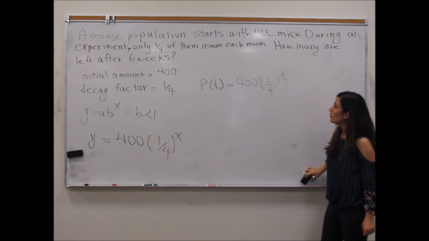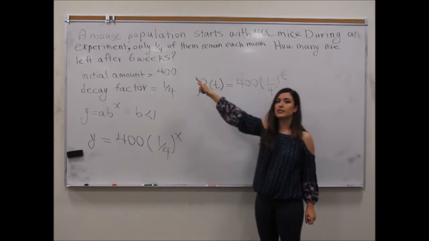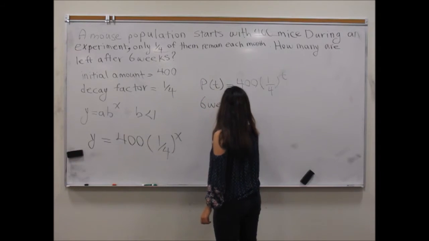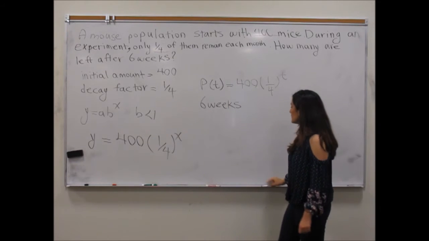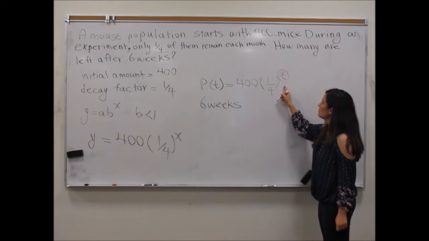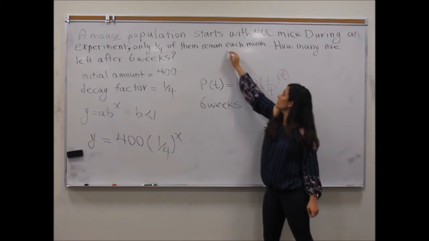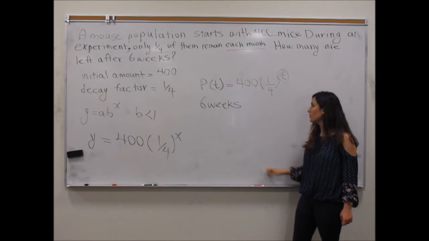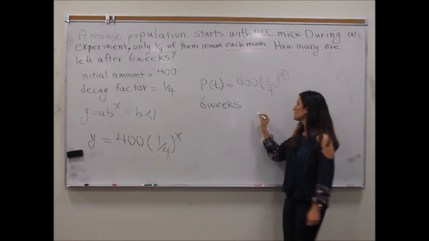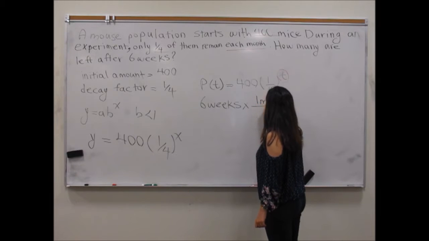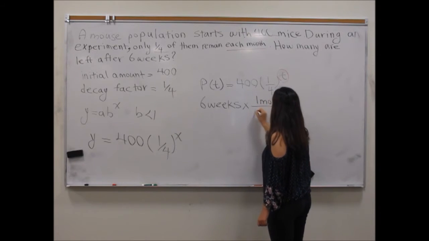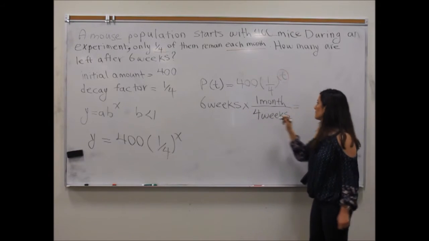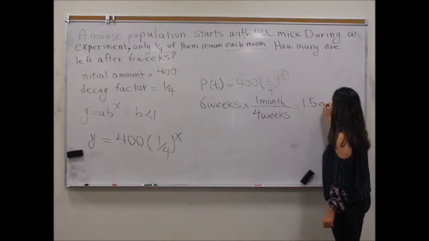And then I want to know how many mice I have after 6 weeks. This t here is in months because the situation is given to me for each month. And this 6 is in weeks, so I have to convert the 6 weeks to months. Each month is 4 weeks. So 6 weeks is actually 1.5 months.